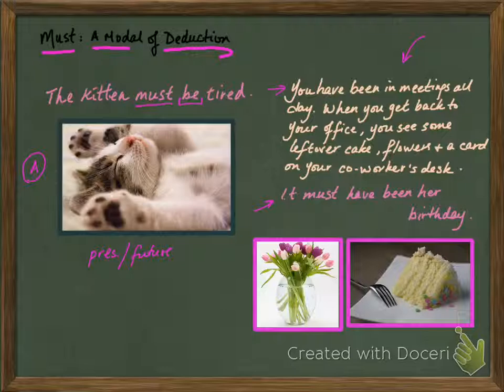So here we have must plus have plus the past participle. And it's the same idea. We are deducting information, or another way of looking at this is we are guessing, or we are inferring, based on information that we have.